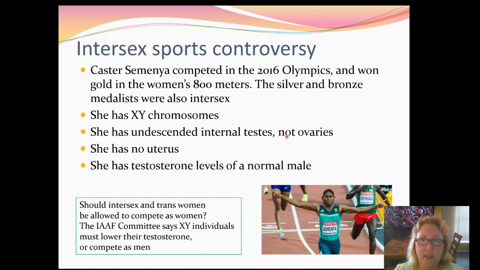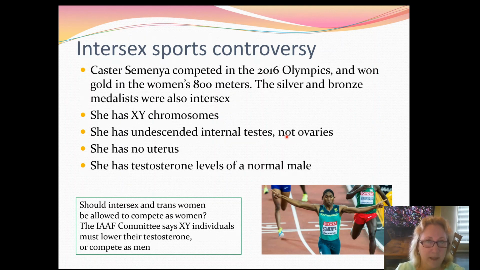There has been some controversy with the Olympics with intersex individuals. In the 2016 Olympics, a woman named Caster Semenya won the gold medal in the women's 800 meters. She is an intersex individual, so she was identified as female at birth, and a doctor also identified her as being intersex.